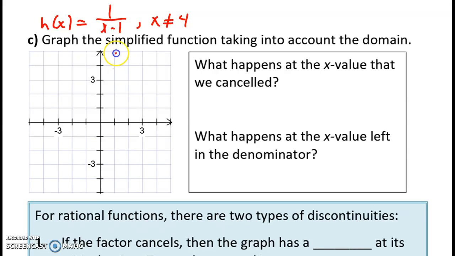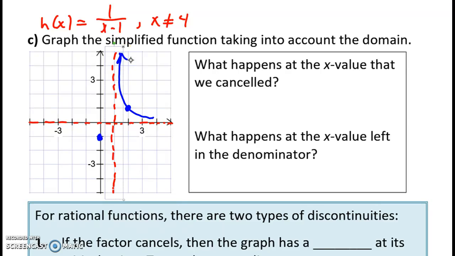So this is a simple transformation, or translation right 1, of the reciprocal function. The horizontal axis did not move up or down, so we will leave it where it is. Those are our two asymptotes to the graph. And then we can graph the function from there using these two anchor points. And if I were to graph the function, we're going to have a point missing when x is equal to 4.